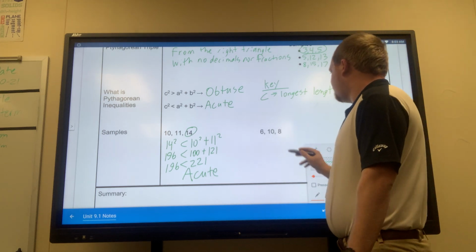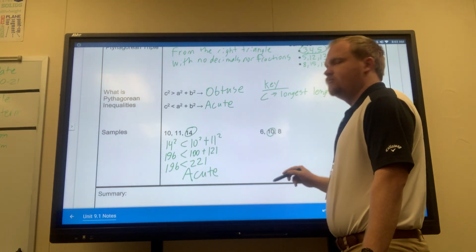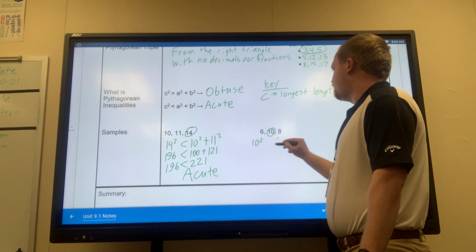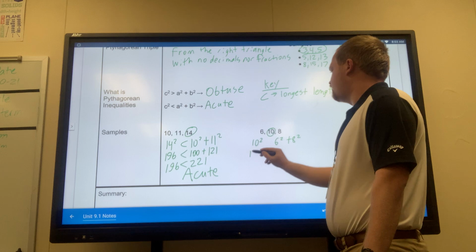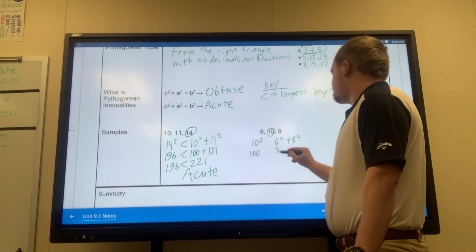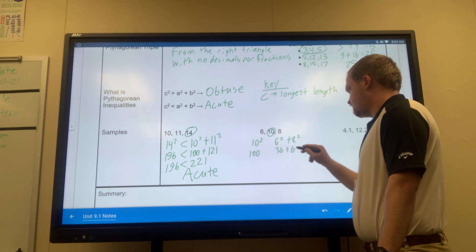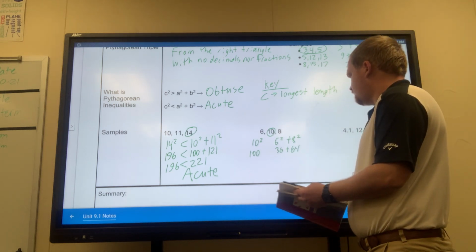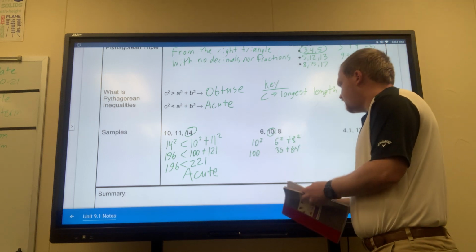Like I said, I determine which one's the biggest. Well, 10 is bigger. So 10 squared, 6 squared plus 8 squared. 10 squared is 100. 36 plus, what was it, 64? Yeah, 64.